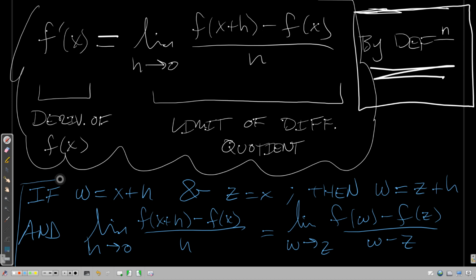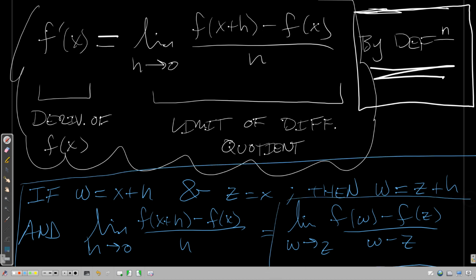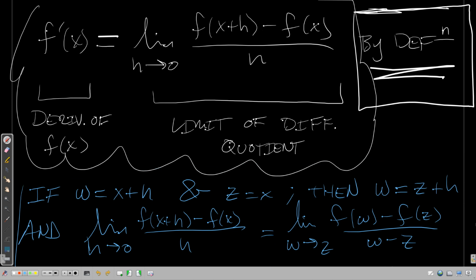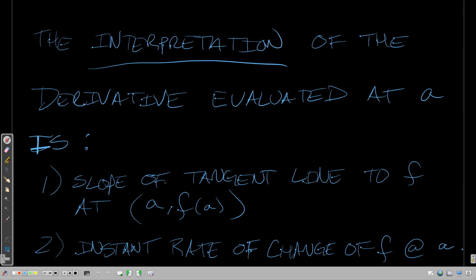Alternately, it's perfectly valid to have this other formulation, which I actually prefer. Why do I prefer it? Because look, this part right here, you recognize that. That's the slope of the secant line between w and z. So if I just take the limit as w goes to z of the slope of the secant line, I get the slope of the tangent line, which is one of the interpretations of the derivative.